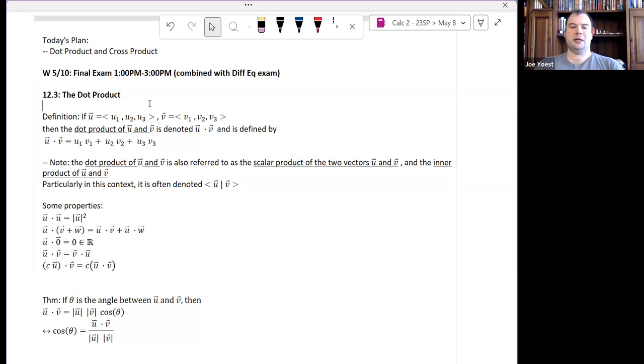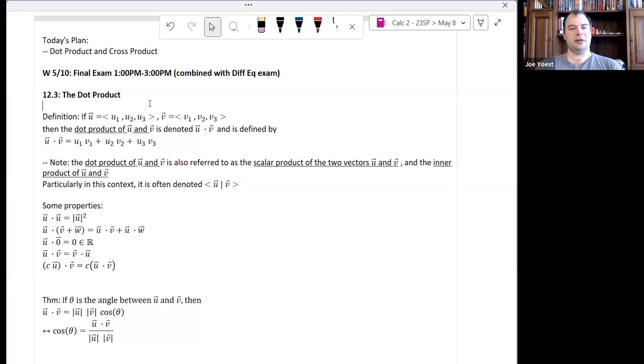But what if I have a vector times a vector? When we think of multiplication in the sense of repeated addition, repeatedly adding vectors is like a scalar multiple. So I don't really have a natural way of coming up with a good idea of what I mean by a vector multiplying another vector.